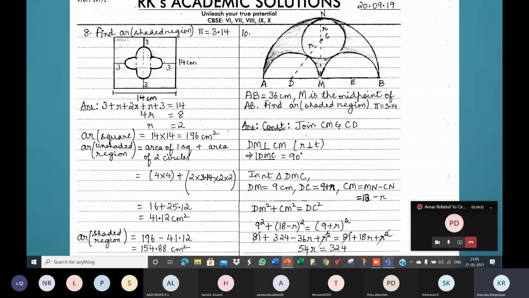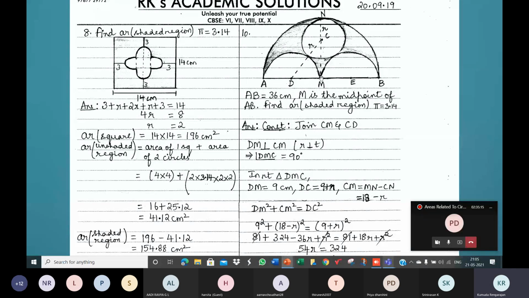So like this, you have to find either the numerical values or some expressions for the sides, and then use Pythagoras theorem.